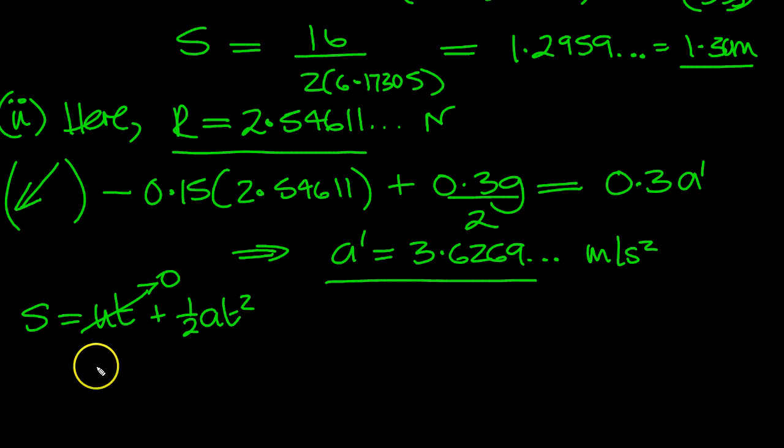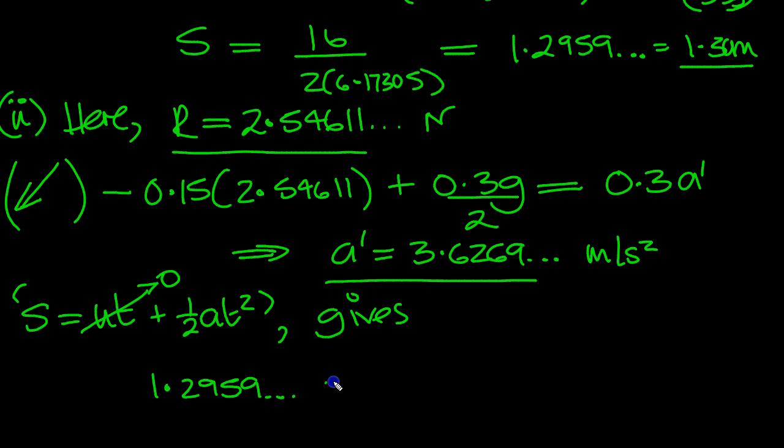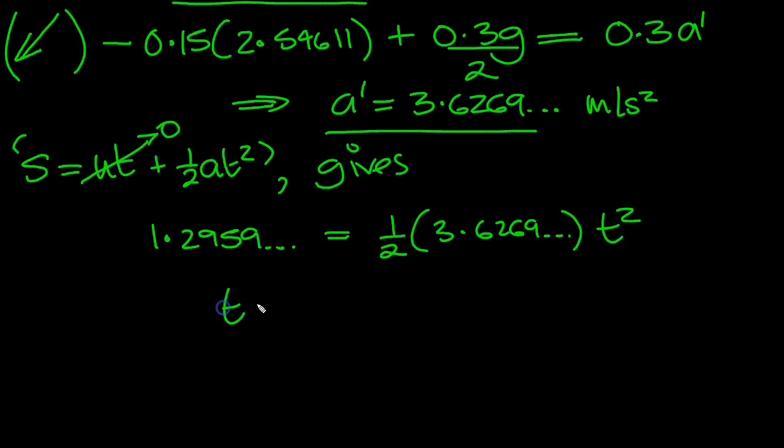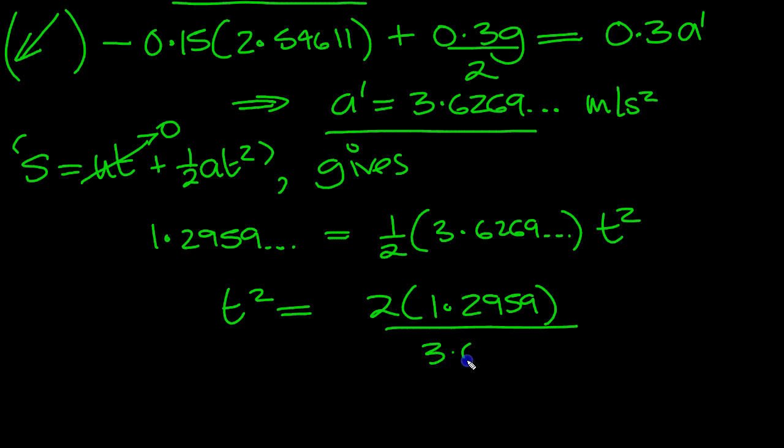So using this formula gives s, 1.2959, is equal to a half times the acceleration, 3.6269, times t squared. So t squared will equal 2 of these divided by this number, won't it? 3.6269. And then I'm going to square root both sides, so I'll do that here in this single line.